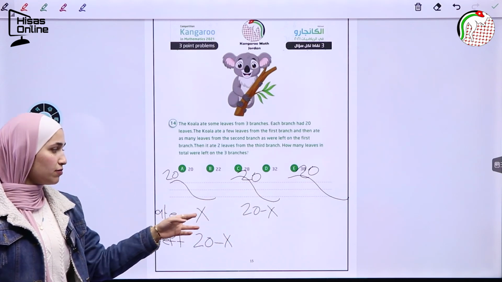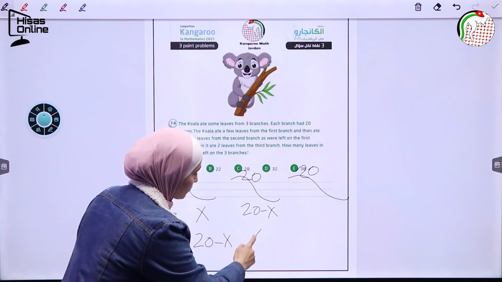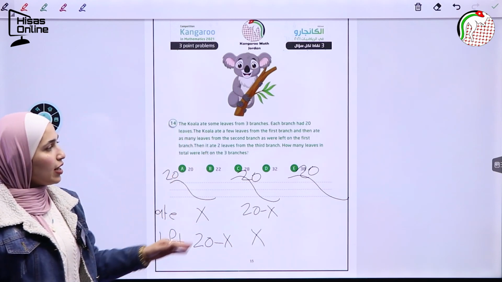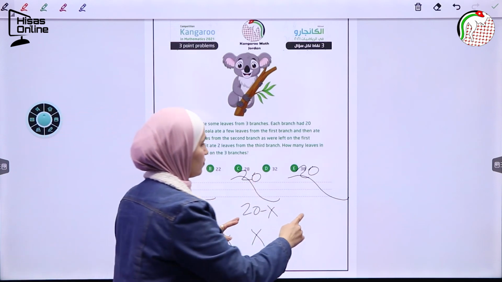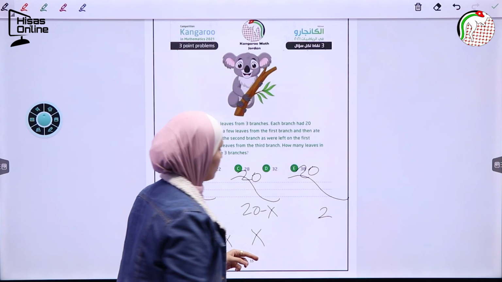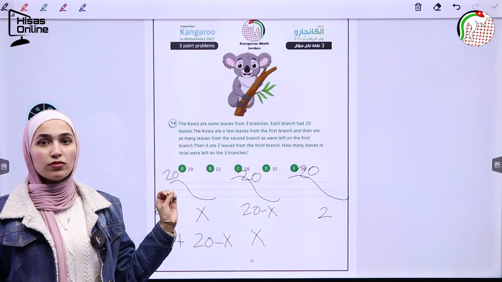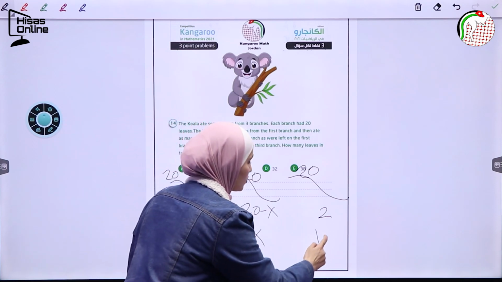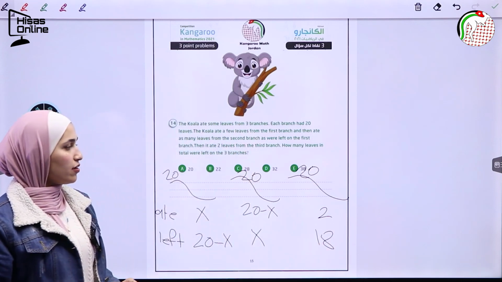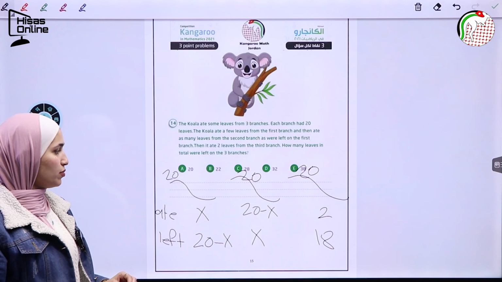Yes, excellent. What is left? X. Okay, from the last branch, he ate 2 leaves. So what is left? 20 minus 2, excellent, 18. So 18 leaves are left from the third branch.